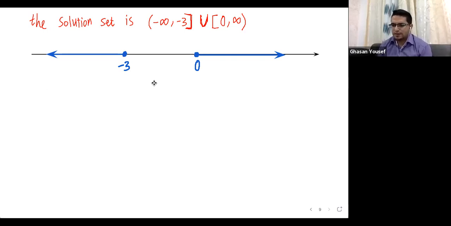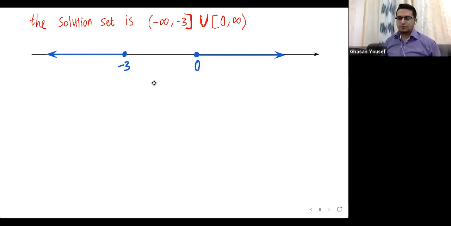The last one is how we can solve a quotient, like a fraction, inequality.